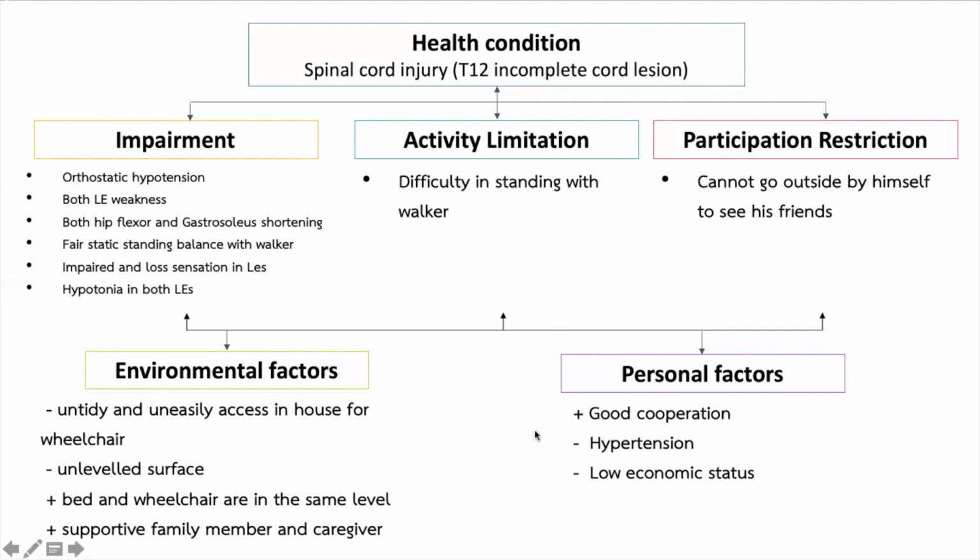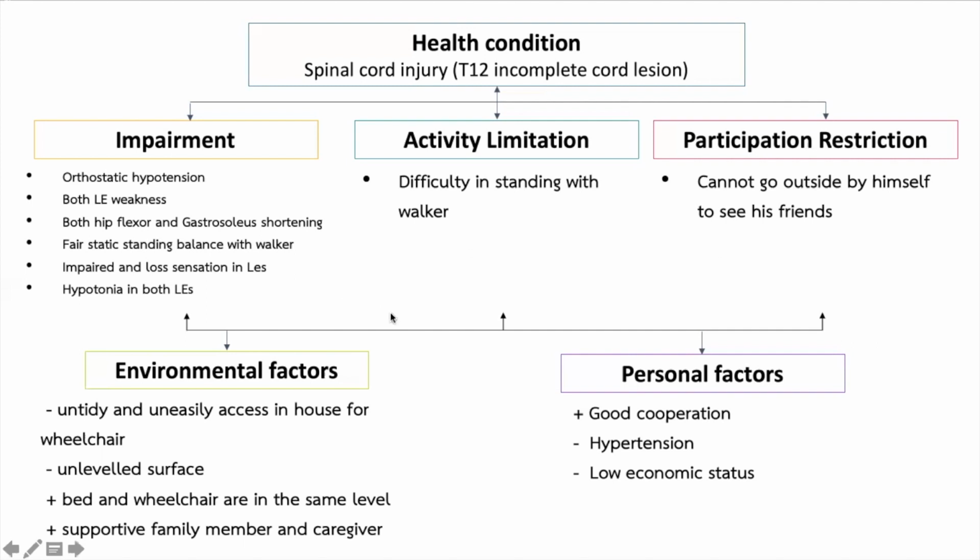As you can see from this ICF model, this can help you to analyze and find what is the impact factor that you can change to help your patient improve his activity limitation and participation restriction.